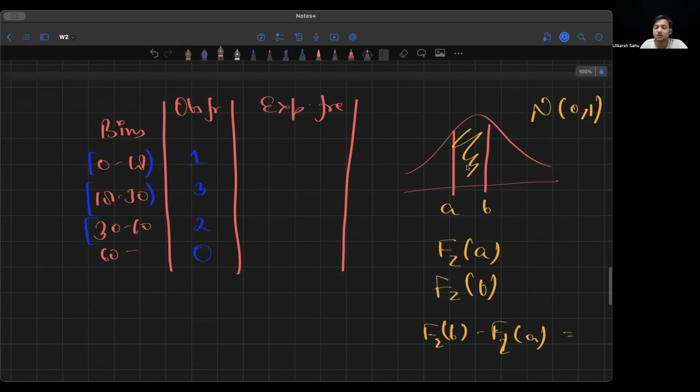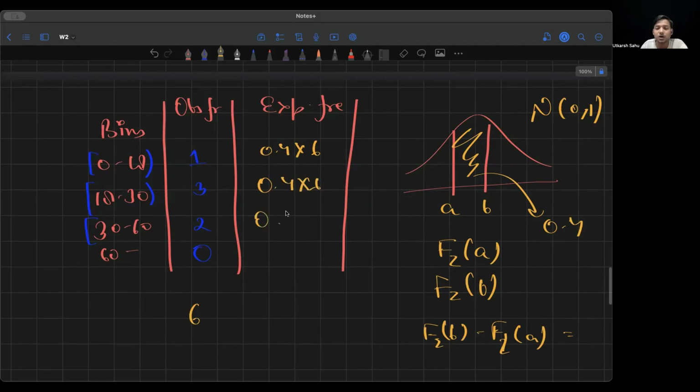And probability is directly proportional to this area. So I get this area, and then I will multiply it with my sample size. I have 1 plus 3 plus 6 plus 2, that means I have 6 people. Let's say I got this probability as 0.4. So 0.4 into 6. Let's say this is 0.4 again, so 0.4 into 6.